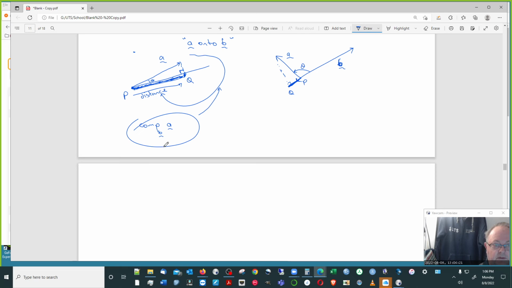Okay. So let's go with this. I don't think that's exactly the same. See if you can do that. Okay, so the scalar projection.